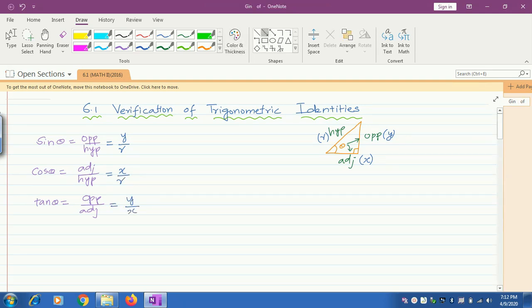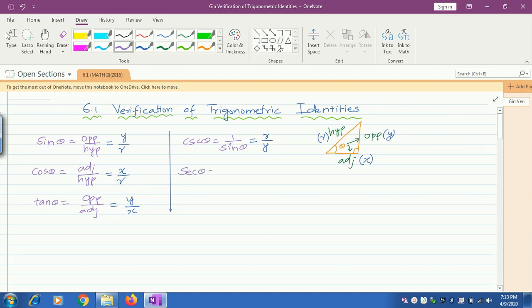Similarly, I can find the next, cosec. What is cosec theta? It is nothing but 1 over sine theta. This is a flip. What is the flip of this? So this is r over y. And what about sec theta?